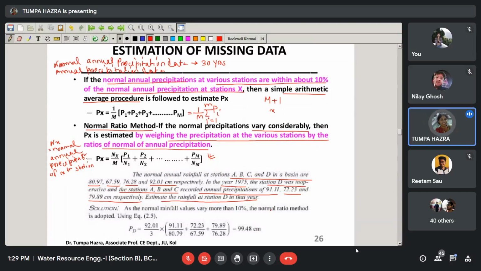So from the data of A, B and C station, you have to estimate the data of D station for the year 1975. ওকে, এবার বলো তো কেউ একজন কি করে বার করব?